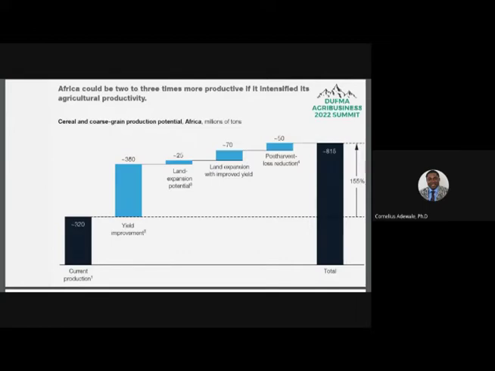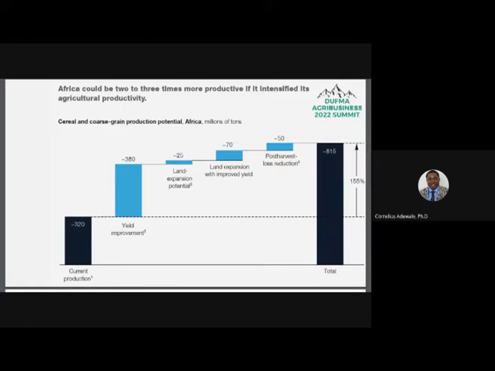For instance, a study carried out by McKinsey about 2 years ago came to the conclusion that Africa as a whole right now could actually multiply our productivity by 3 if we can just do some level of intensification in agricultural production. And that study highlights key areas that remain unexplored.